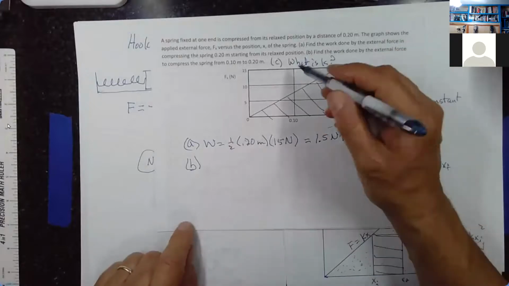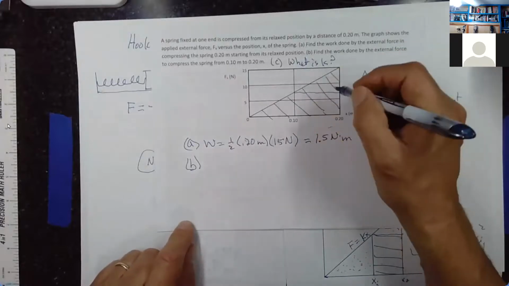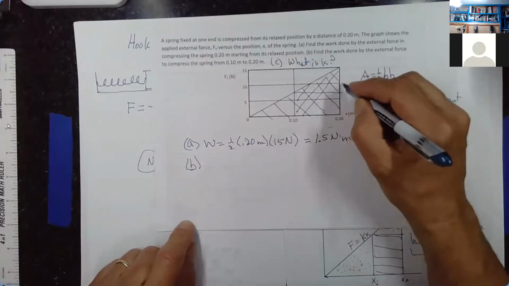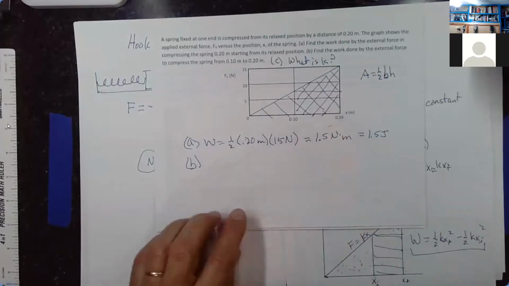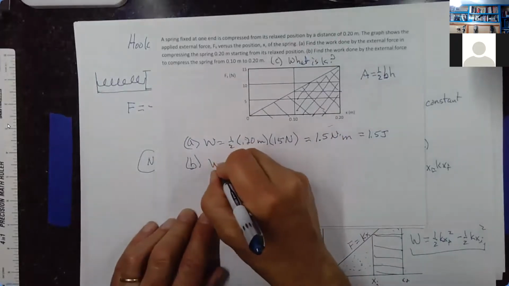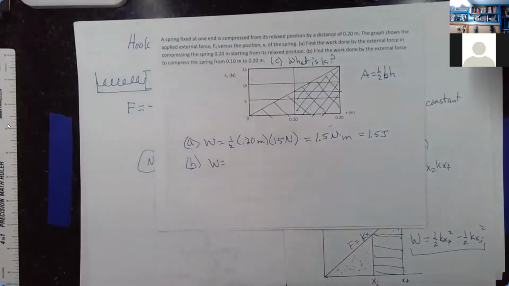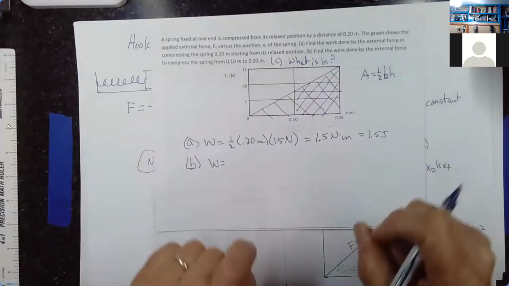Well, we could just go ahead and find the area of this trapezoid that's here. But actually it's that formula that I gave you. The work is going to be the total triangle area minus the little triangle area.